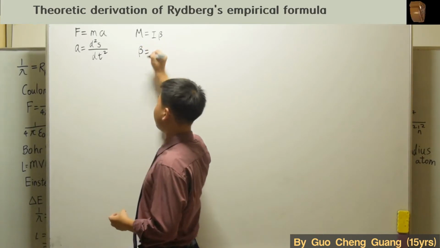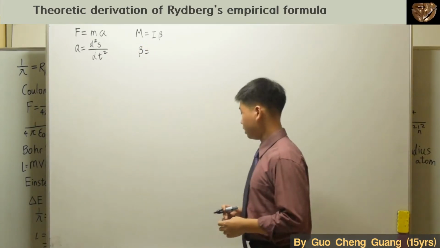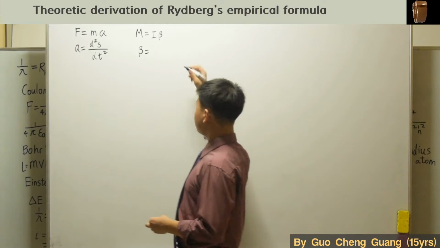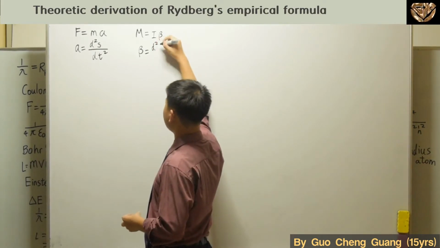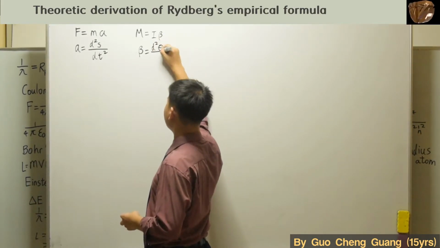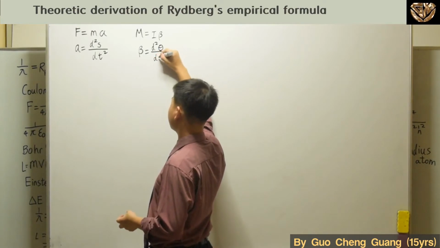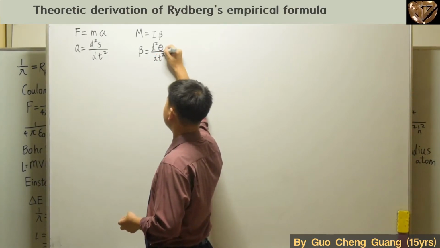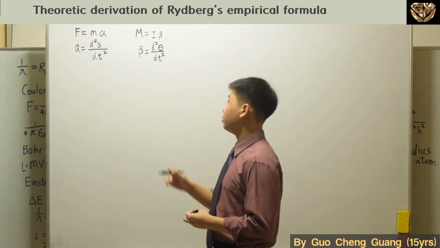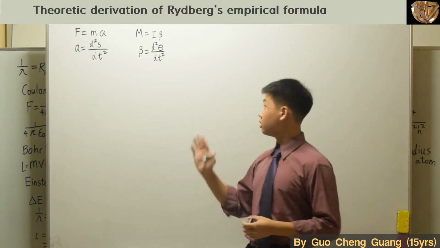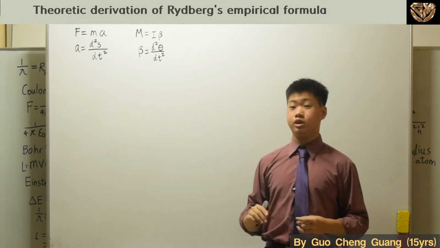Then beta is your angular acceleration, which would be the second derivative of theta with respect to t. So here, one is linear acceleration, the other is angular acceleration.